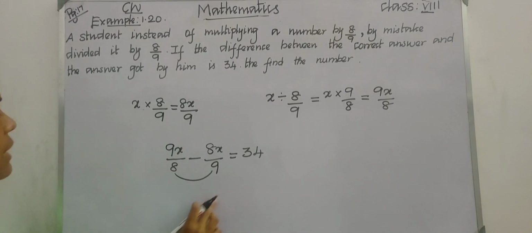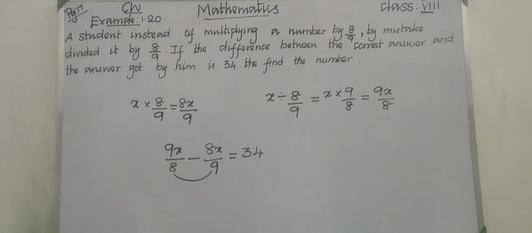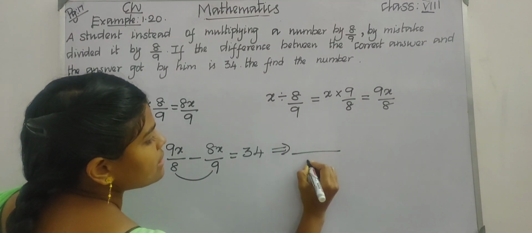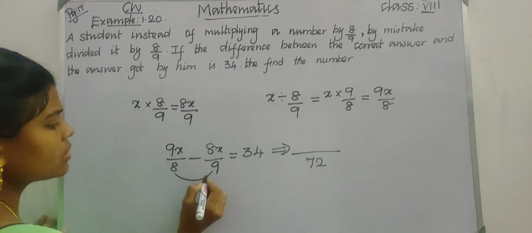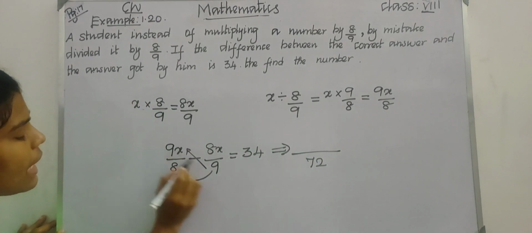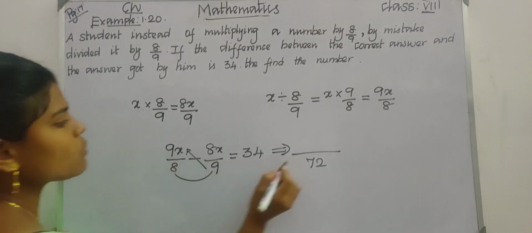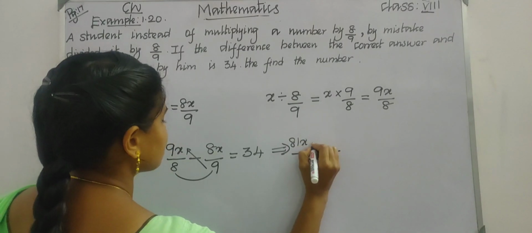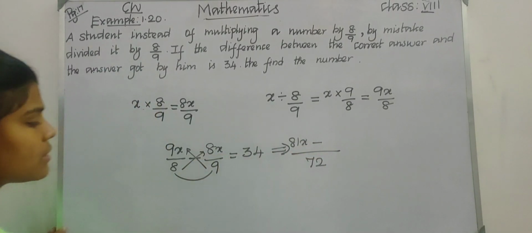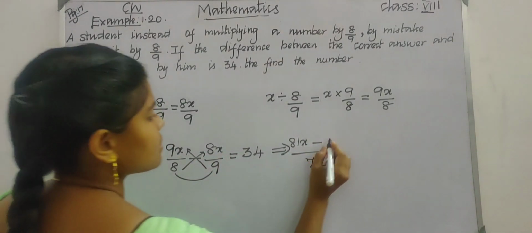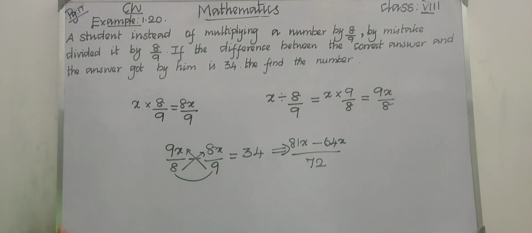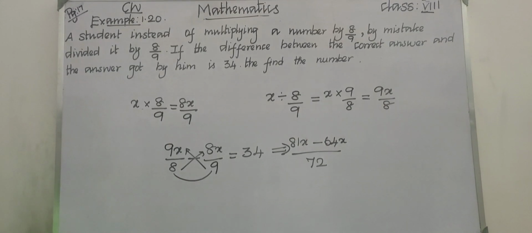Simply cross multiply. 9 8s are 72, so we write 72. Now 9 9s are 81, so 81x minus 8 8s are 64, 64x. So 81x minus 64x equal to 34.